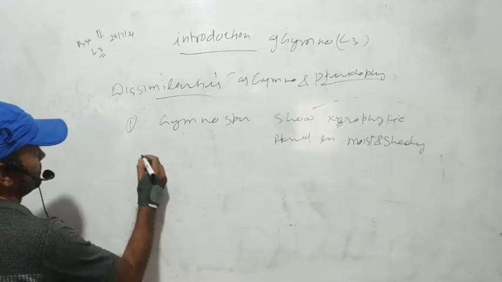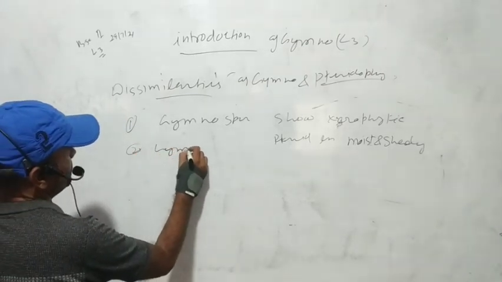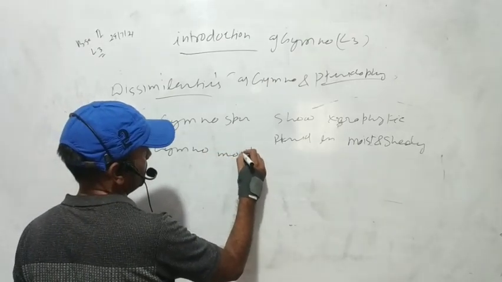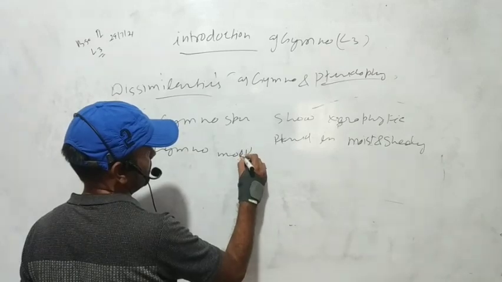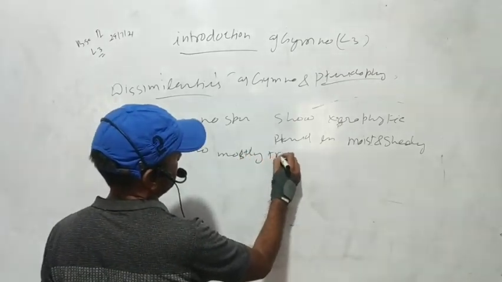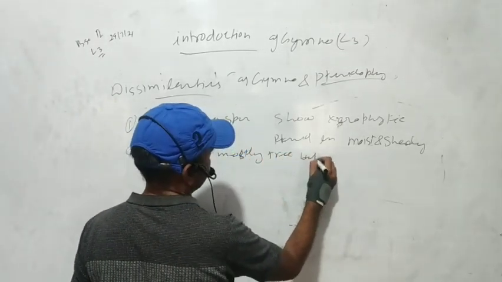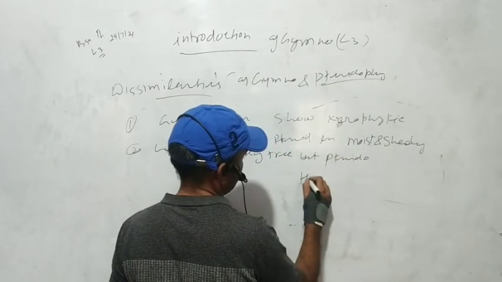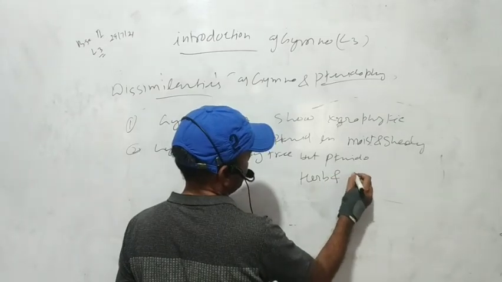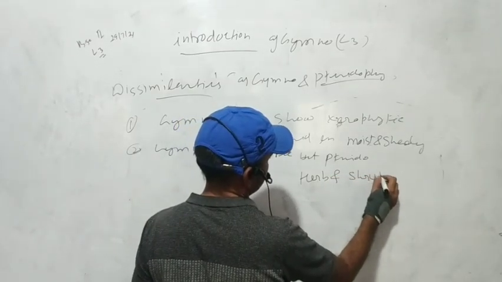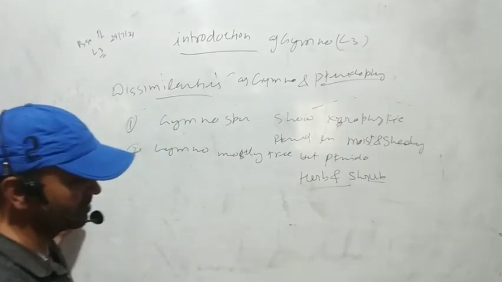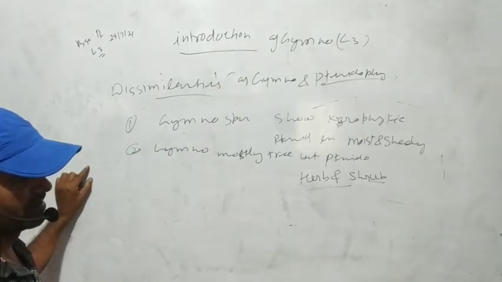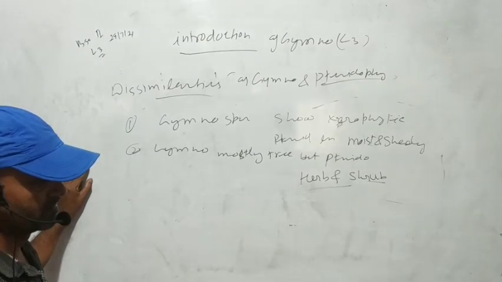Next, gymnosperm is mostly a tree, whereas pteridophyte is a herb and shrub. This is another point. Gymnosperm is a tree, pteridophyte a herb and shrub.